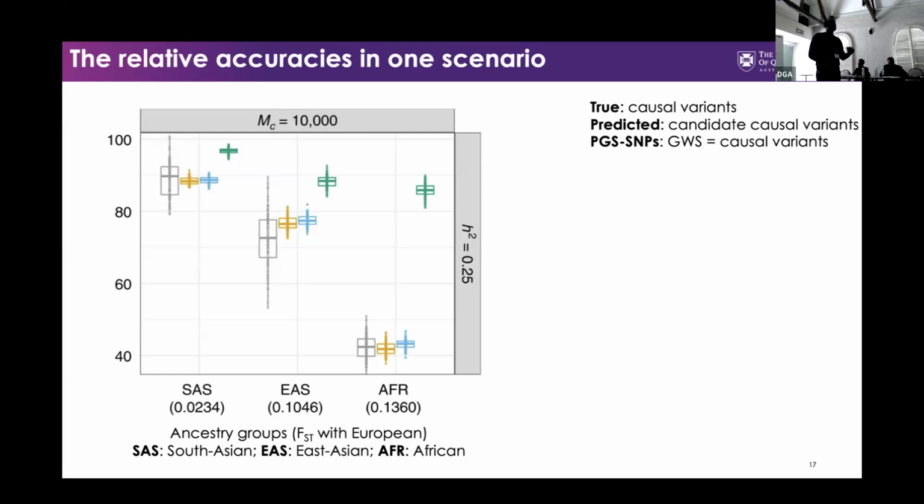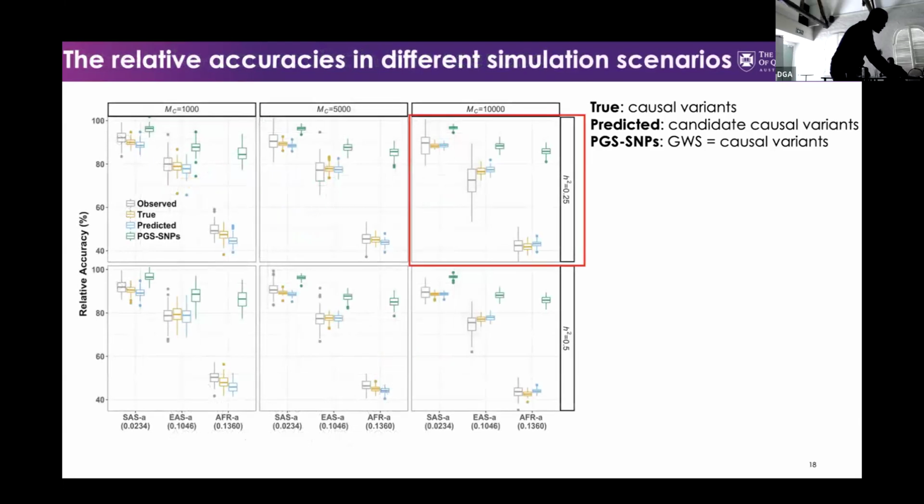But I think that was a shortcut. It's a caveat that you can fall into if you think that your GWAS hits are causal variants, and I believe they're not. So this is something to keep in mind. And across all the scenarios, we have very, very similar results.